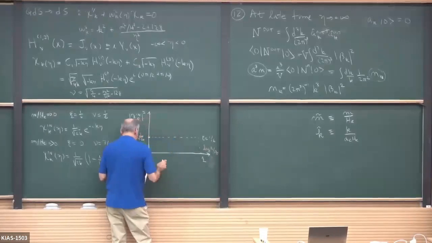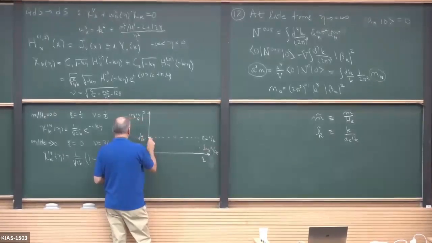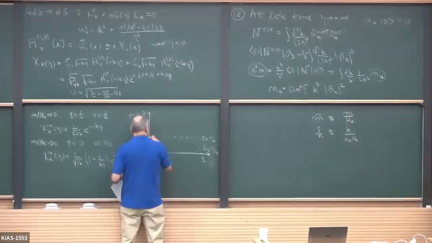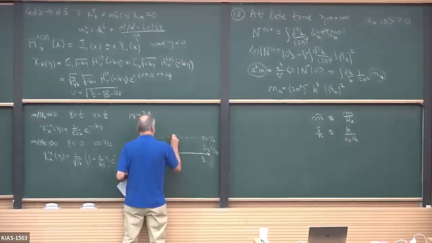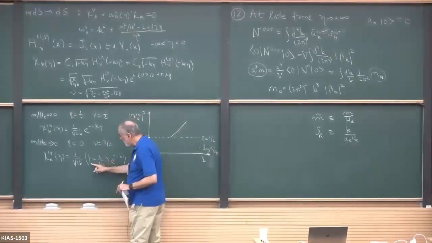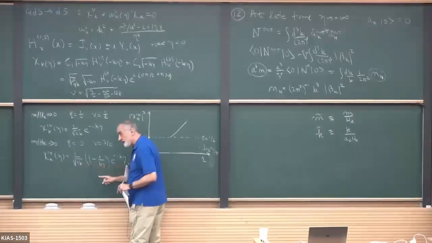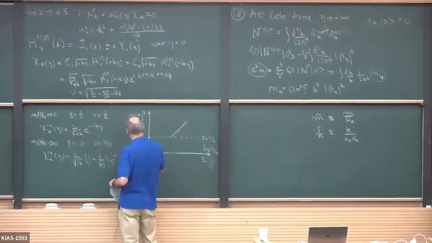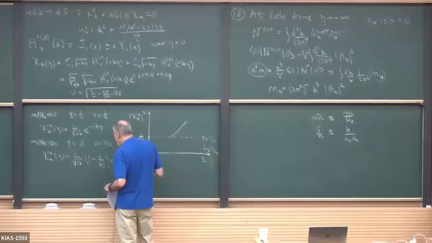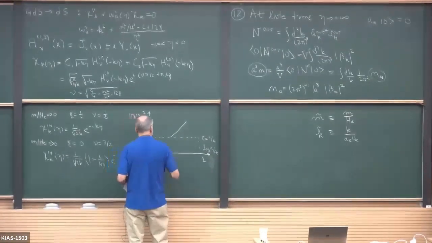If c is equal to 0, again, it starts as 1 over the square root of 2k, as eta goes to minus infinity. But at some point, it starts to increase. Once this becomes large in magnitude, larger than 1, as 1 over eta squared, if I take the square of chi sub k, that increases as a squared.